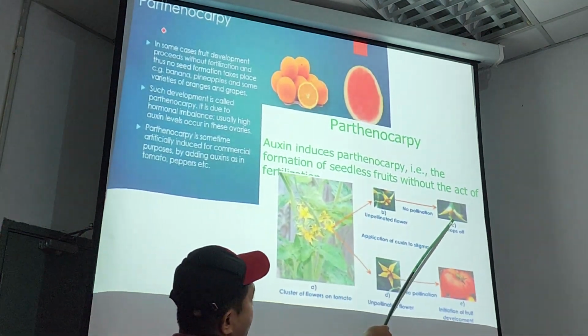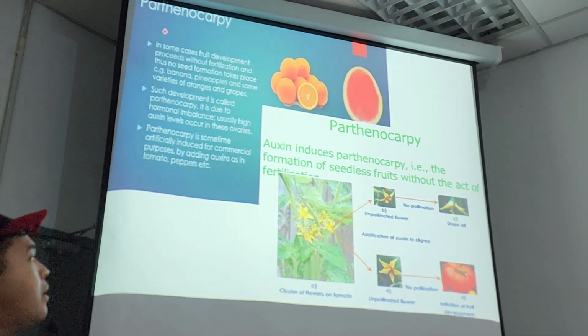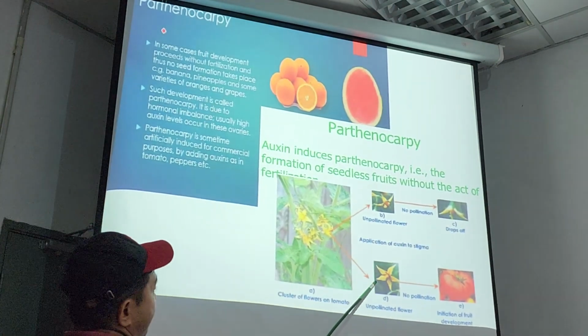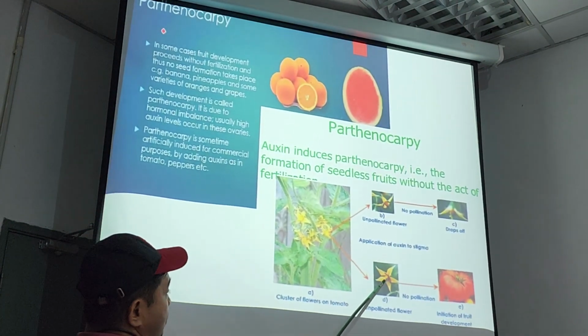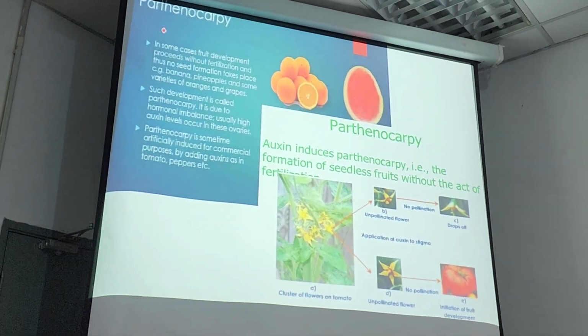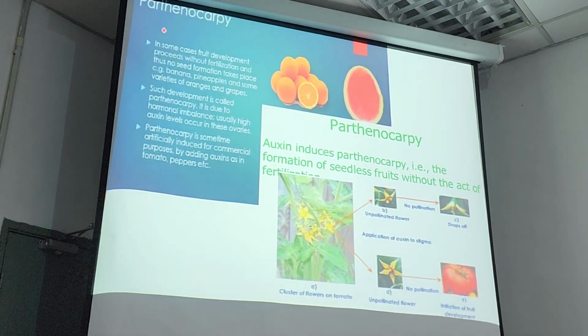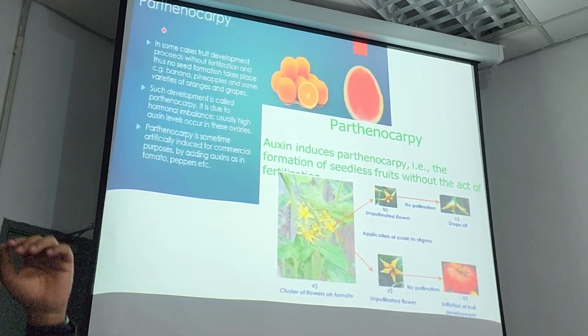Unpollinated, usually this is what you get. The flowers just wither, wilting away. Now you spray with auxin, and these flowers continue to grow. What continues to grow? The ovary. Because the function of auxin is to promote growth. Very easy.